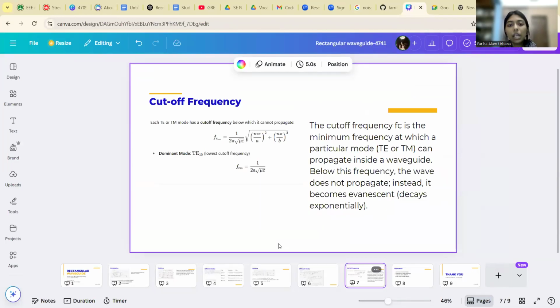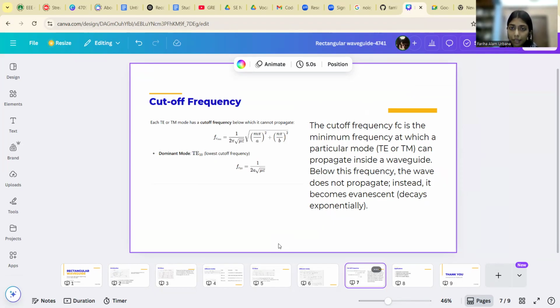Okay. Now let's talk about what the cutoff frequency is. The cutoff frequency is a crucial component in waveguide design. It is considered the minimum frequency at which a particular mode, it can be TE or TM as well, can propagate inside a waveguide.